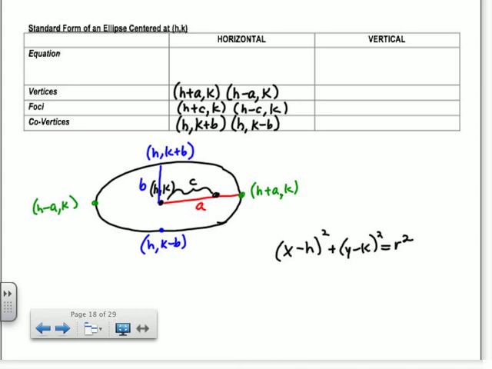So do you guys have any guesses? This is what it looks like. x minus h squared all over a squared plus y minus k squared all over b squared equals 1. All you did is you shifted from 0, 0 to h, k. So you get that.